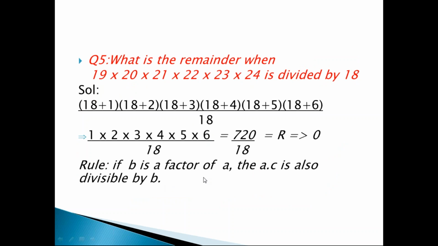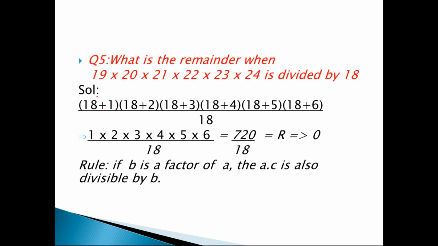Then, what is the remainder when 19 into 20 into 21 into 22 into 23 into 24 is divided by 18? Here you can write like this. Expand this: 18 plus 1, 18 plus 2, 18 plus 3, 18 plus 4, 18 plus 5, 18 plus 6, so as to be able to divide the number.